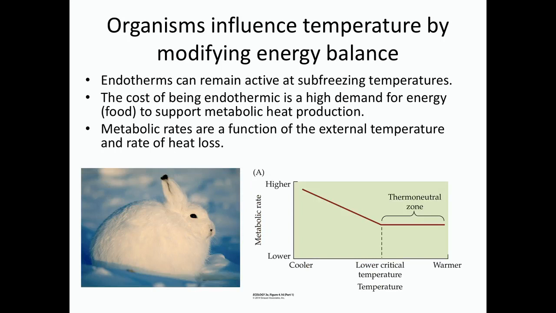Endotherms, on the other hand, don't necessarily need to move to help maintain their body temperature because they generate their heat internally. They will often be covered in something like fur or feathers that will help them to trap the heat that's generated through metabolism, through breaking down their food sources.